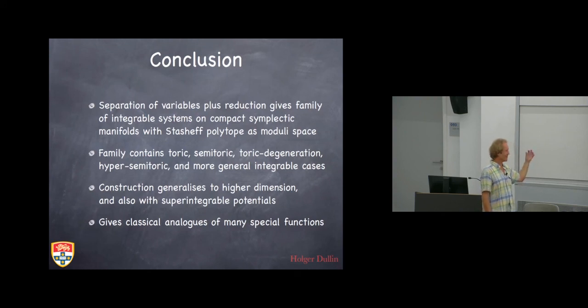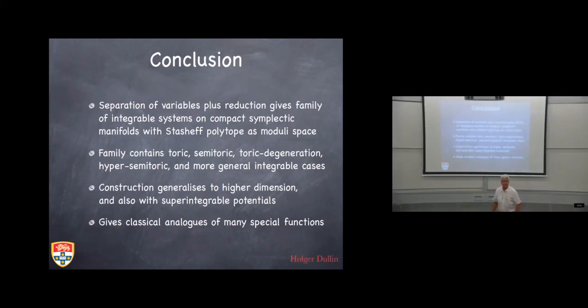This is kind of the semi-classical or classical analog of these special functions. But I totally agree. Of course, we reduced it by the Hamiltonian, so you don't learn anything about the original geodesic flow, right? Thank you. That's the right answer.